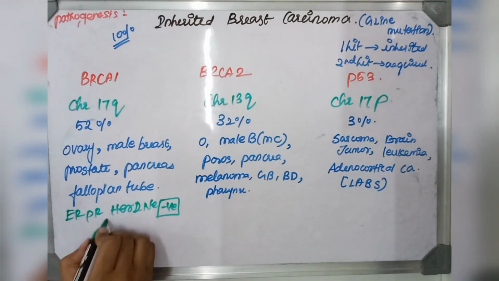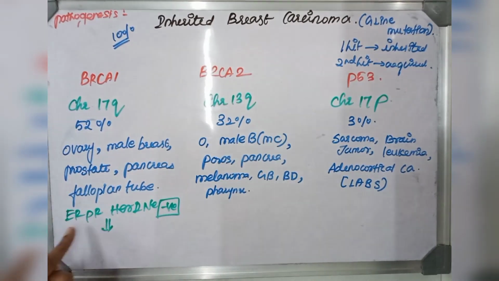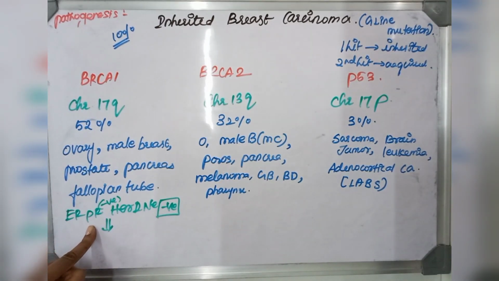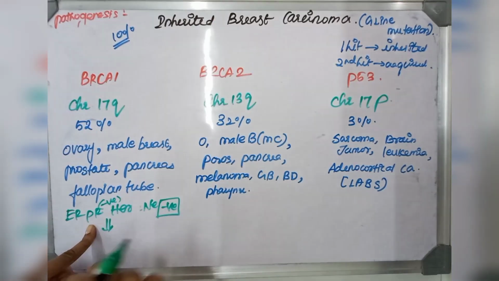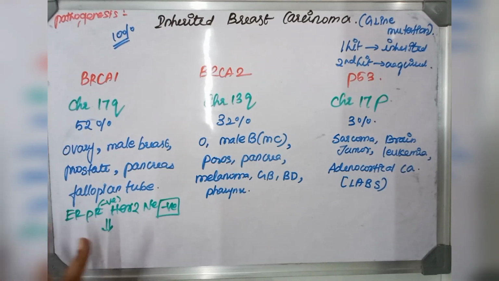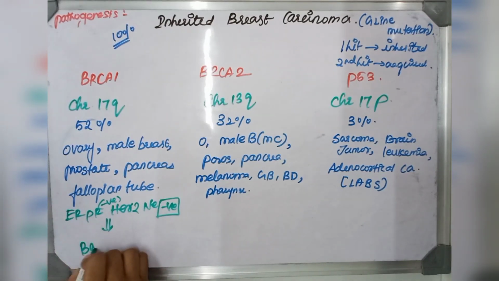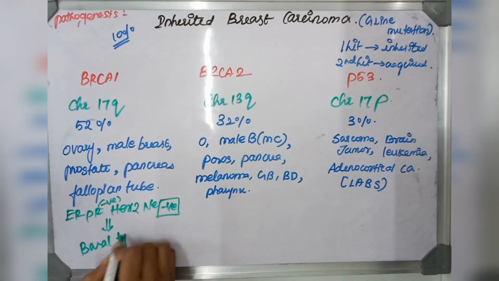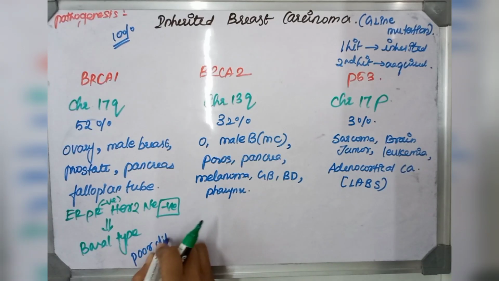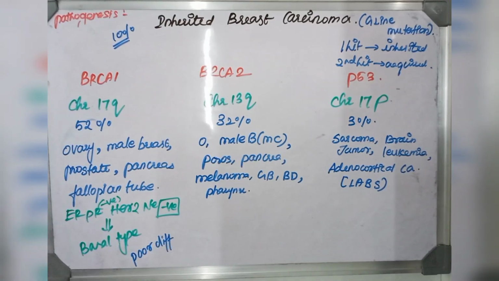So it belongs to, based on PR negativity, we say that it is basal-like. Basal-like means triple negative, right? So basal-like, basal type. Basal type means it shows poor differentiation. Okay, this one next.